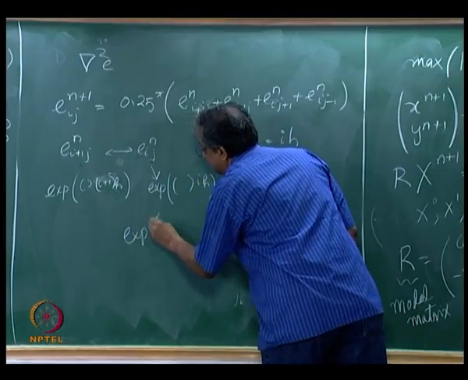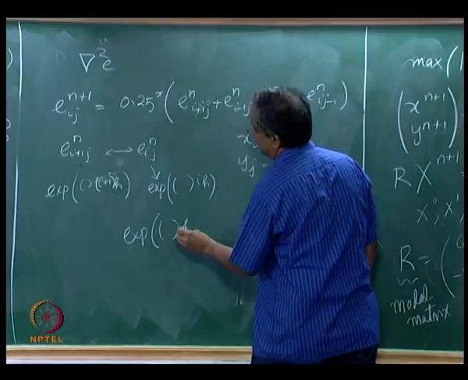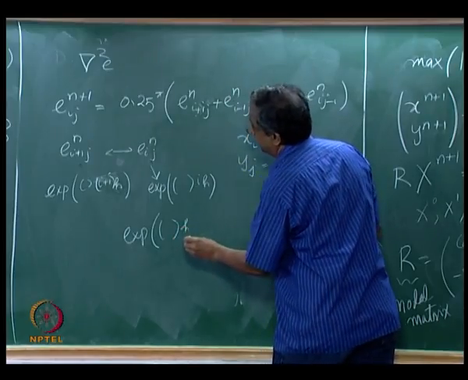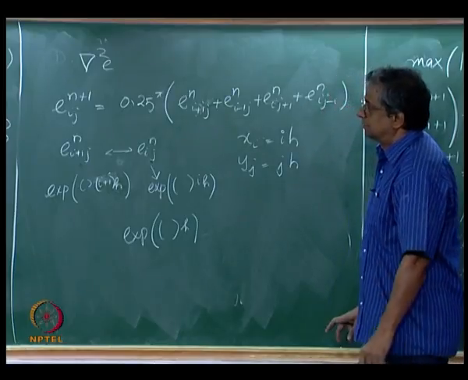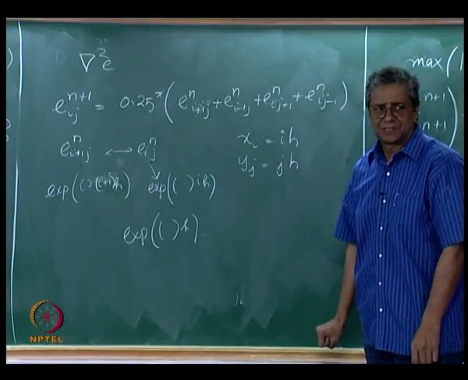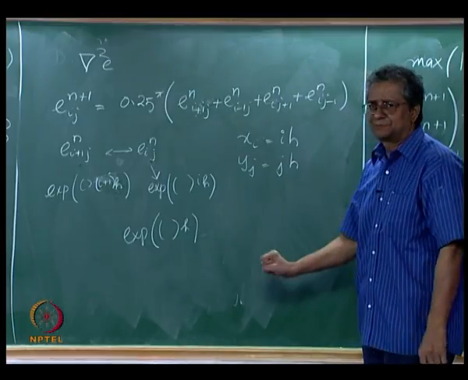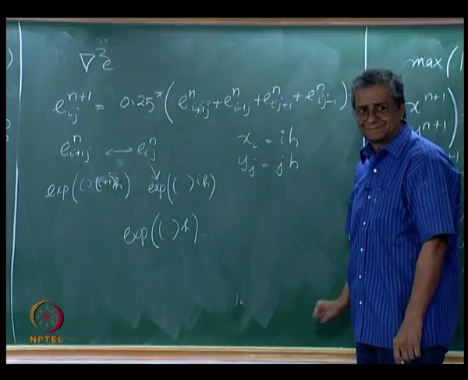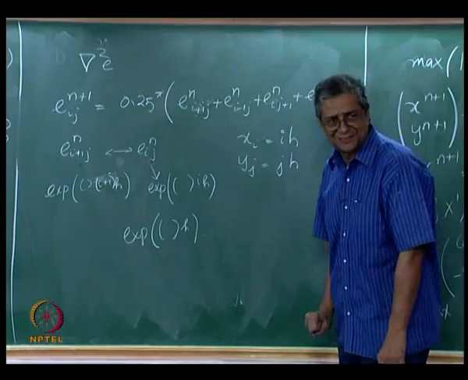So the relationship between E(i+1,j) and Eij would be just one exponent of all of this coefficient times h. Oh, I made a mistake here, you guys haven't corrected me. What is the mistake that I have made? I am using i to be square root of minus 1, I am also using i as the subscript.